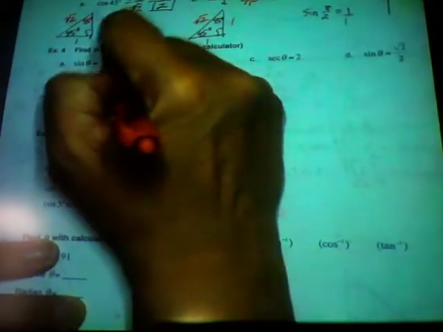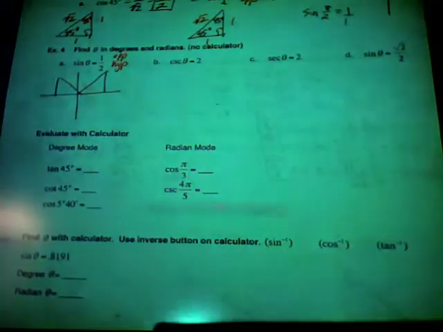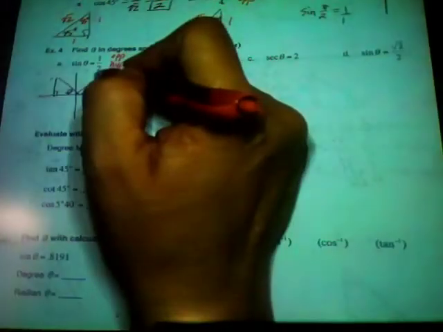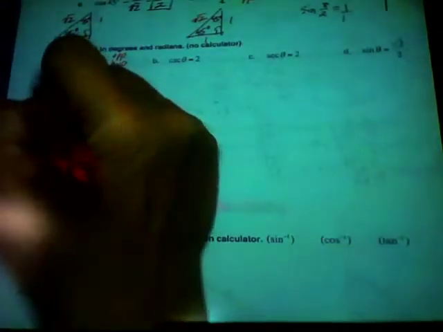Then this is my opposite, and this is my hypotenuse. And this is where theta is, right here. Theta is always here, closest to the origin. And this is my right angle. So if opposite is 1 and hypotenuse is 2, across from here is opposite, so here's my 1, here's my 2.